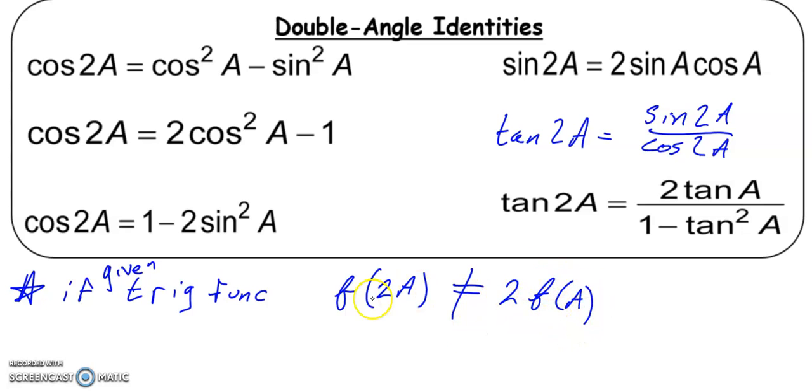You can't take the 2 out. You've got to find the sine, cosine, or tangent of 2a as a whole. You can't do the sine or cosine or tangent of a and then double it. It doesn't work that way. We've got to use our double angle identities.